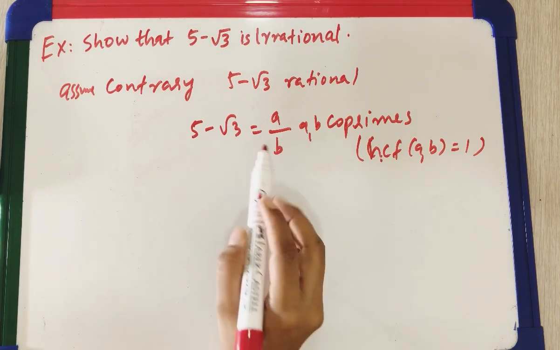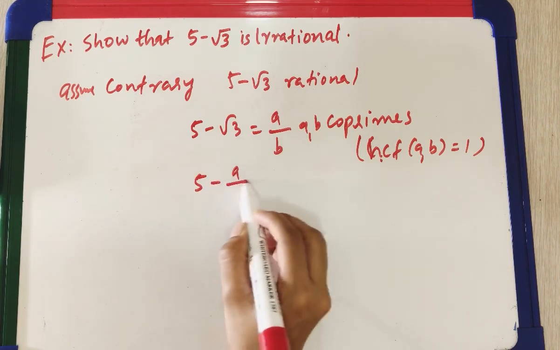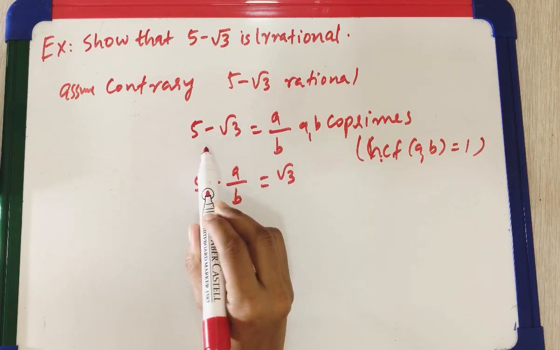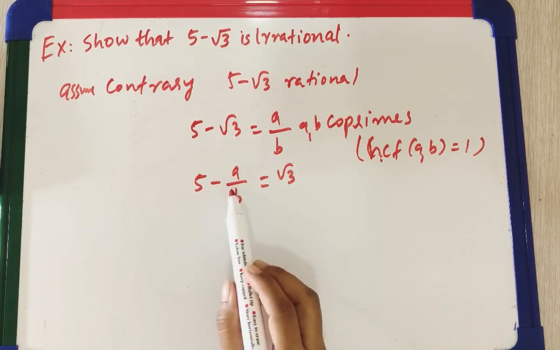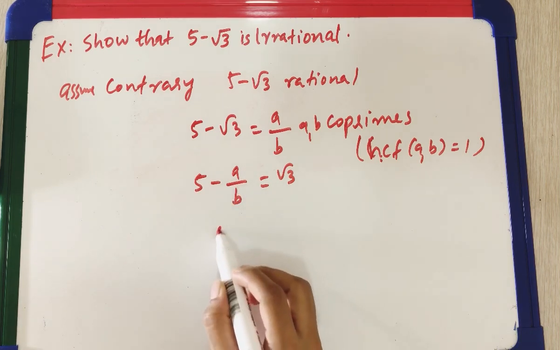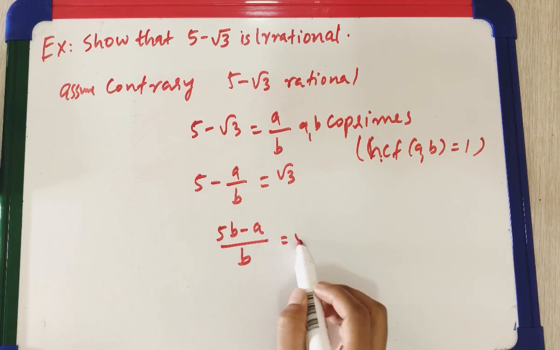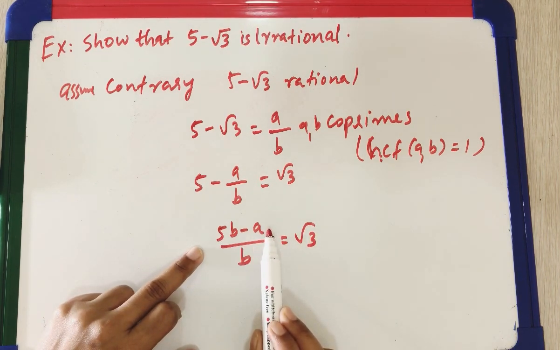Now, by rearranging, we get 5 minus A by B equal to root 3, just taking A by B to the side and root 3 to the other side. Now 5 minus A by B is (5B minus A) by B, equal to root 3. Now B is an integer, A is an integer. Therefore 5B minus A is an integer.